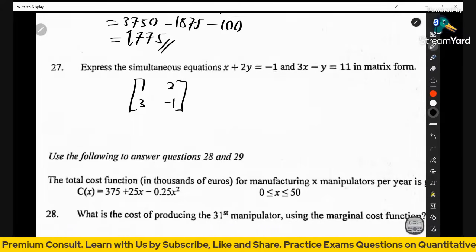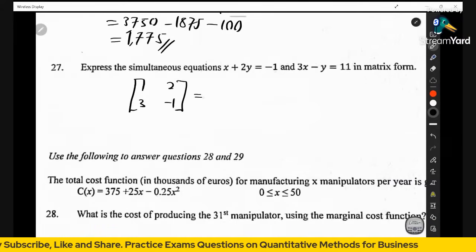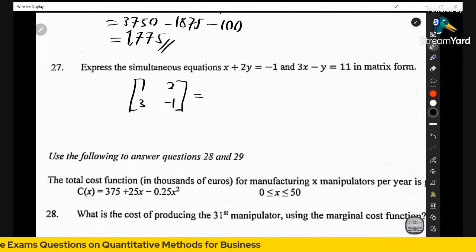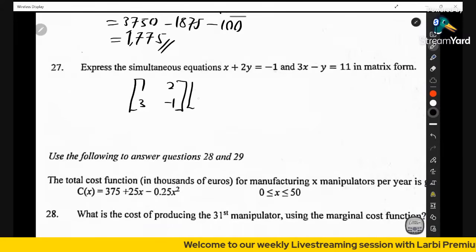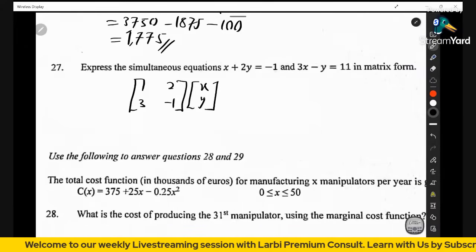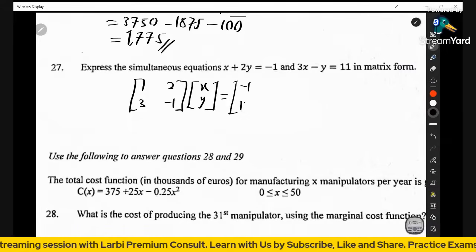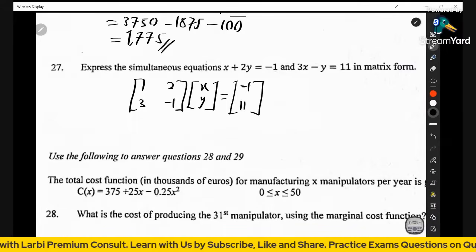You have to express the simultaneous equations in matrix form. So you get this, and you can as well multiply this by your x and y as the vector, and that should be equal to negative 1 and 11. You can have something like this.